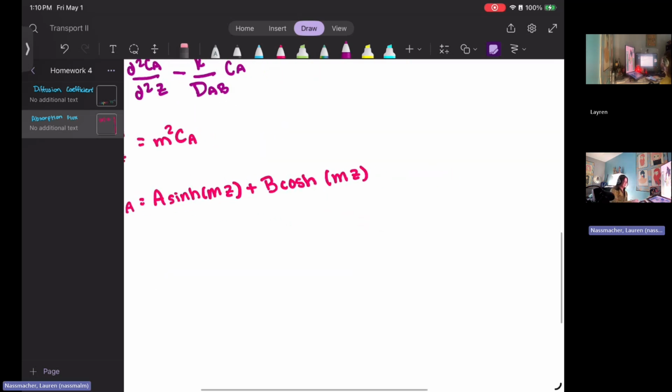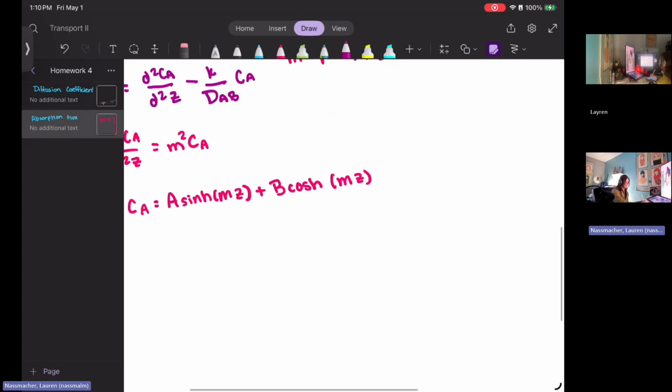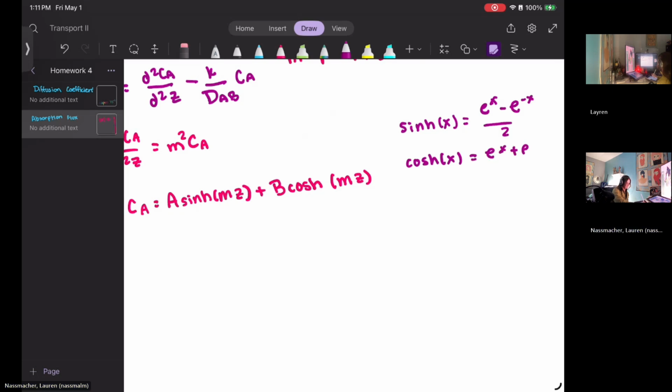We can look at the identities of hyperbolic sine and hyperbolic cosine. Hyperbolic sine is equal to e to the x minus e to the negative x over 2, and hyperbolic cosine is essentially the same thing, just added together.